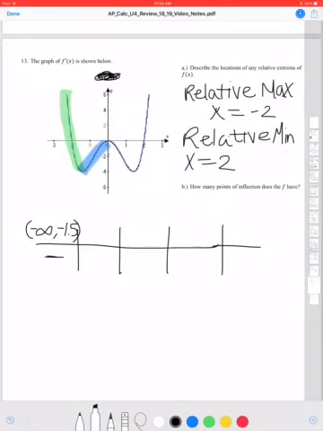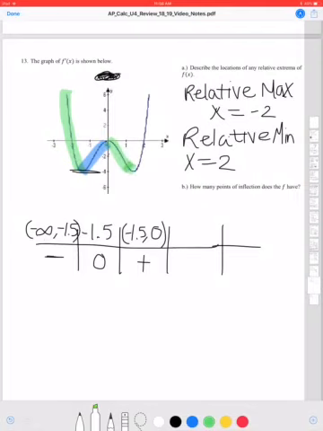Alright, from negative 1.5 until 0, we've got a positive slope. Slope is 0 right there at negative 1.5.